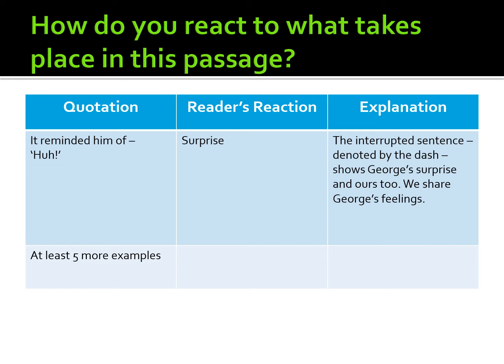You are using the entire passage. It might be a good idea to go back and reread it if you've not printed it off. If you've printed it off, go through, maybe underline things, annotate things, but I want you to complete this table with my example and a minimum of 5 other examples. And once you've done that, you can move on to the next slide.